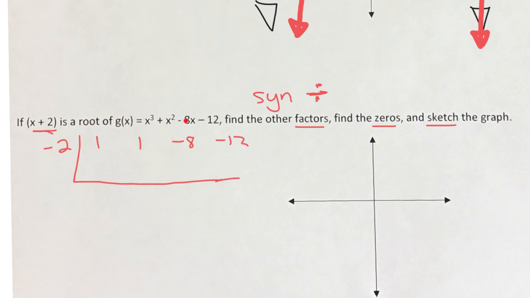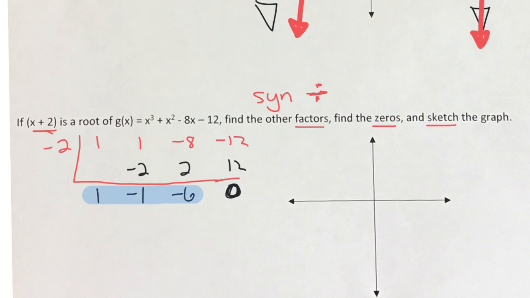There's nothing in common here that we have over there. So we can't factor this one by grouping. So we're going to use synthetic division to find out what the quadratic is going to be. So positive 2, that's a negative 6. Positive 12 is a 0, just like we would expect.